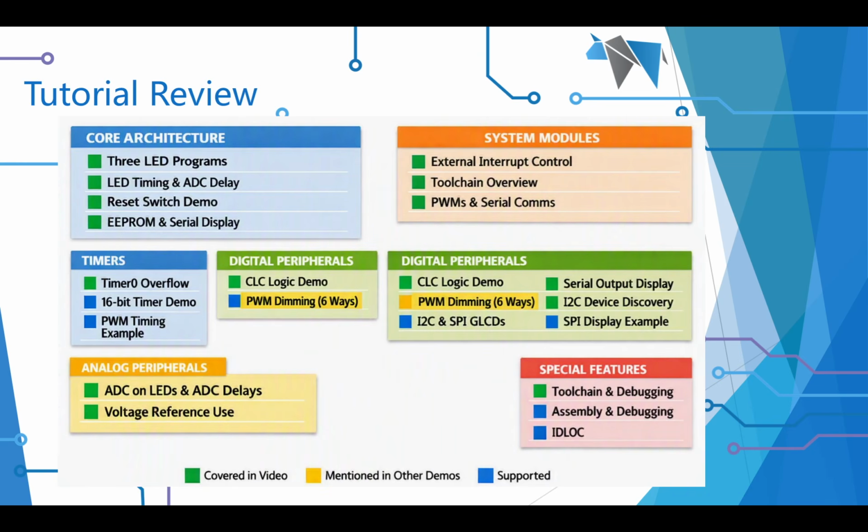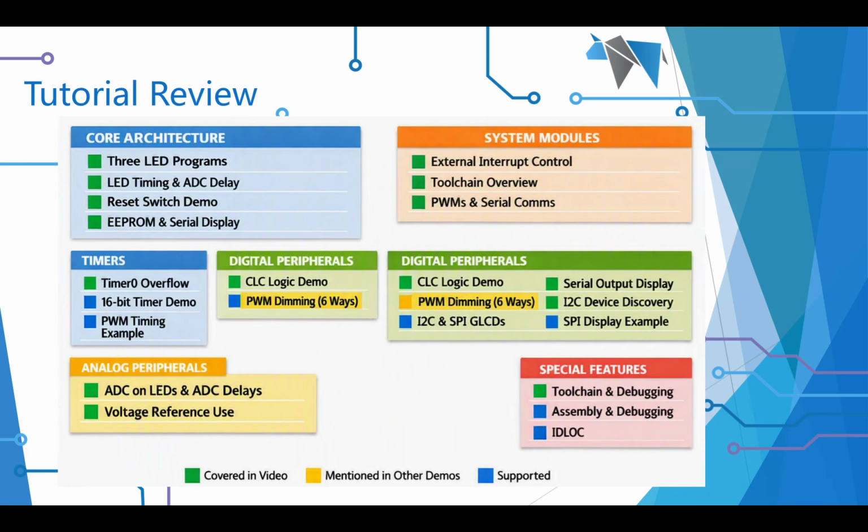Analogs, we've used the ADC. We've actually used the voltage reference because that's part of the ADC. We've covered CLC, the logic demo, and we've seen PWM in 6 different ways of doing pulse width modulation. Top right, we've used external controls. We looked at the tool chain and how that works with pulse width modulation and serial communications.